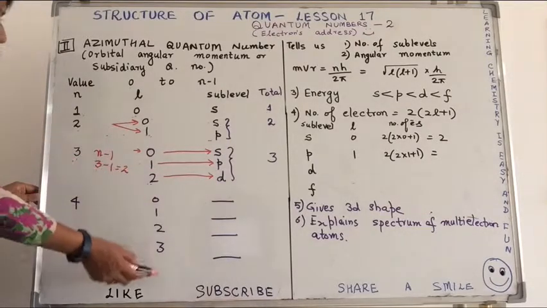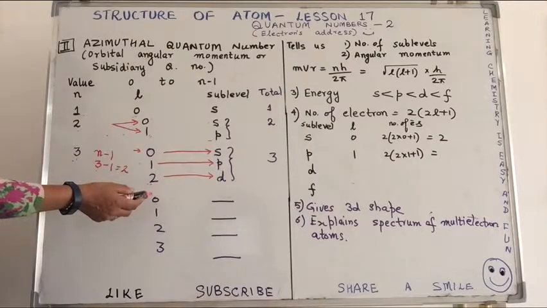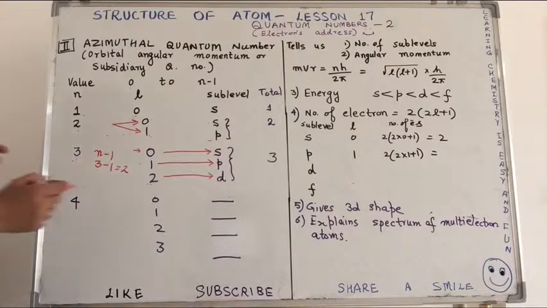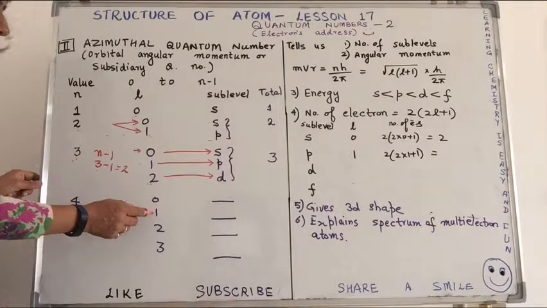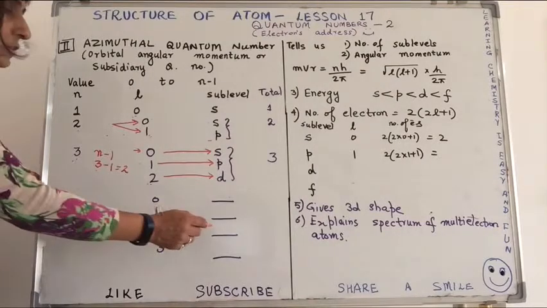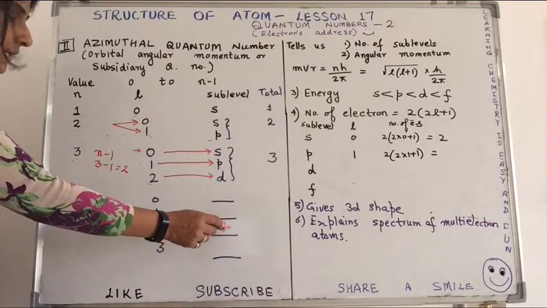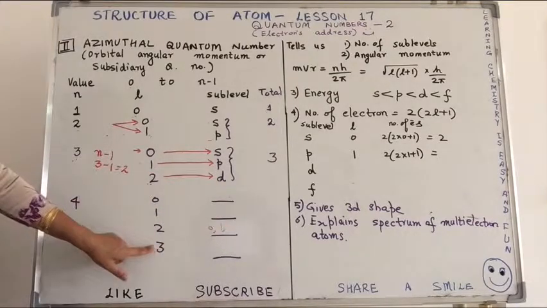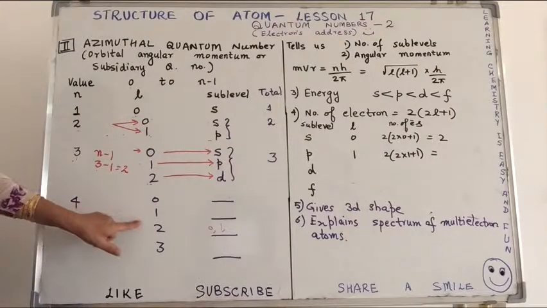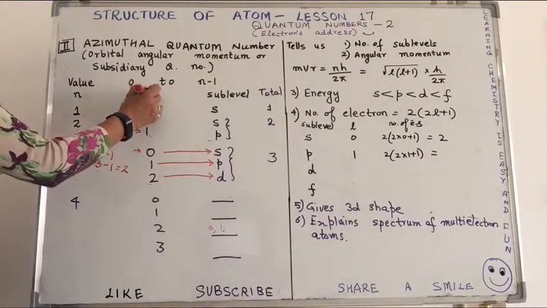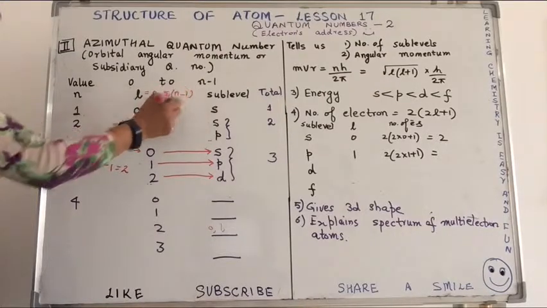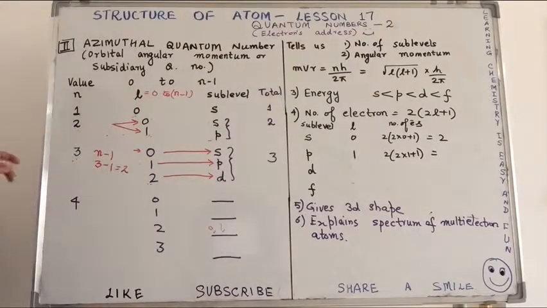That we've already done for finding out the value of L, because this is one mistake I have seen students doing. What they will do is, they've got the value of L over here as 2, so they write 0, 1, like that. No, these are the values which we get from 0 to n minus 1. So this L is 0 to n minus 1 for that particular value of n.